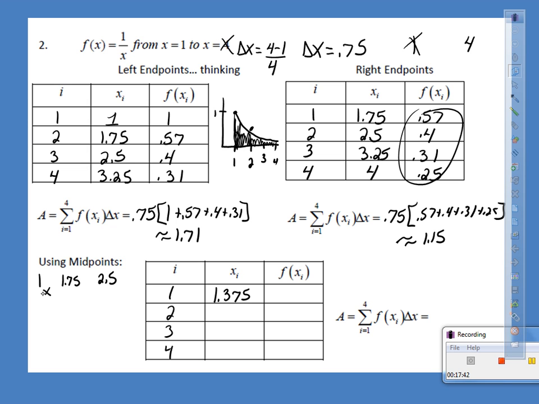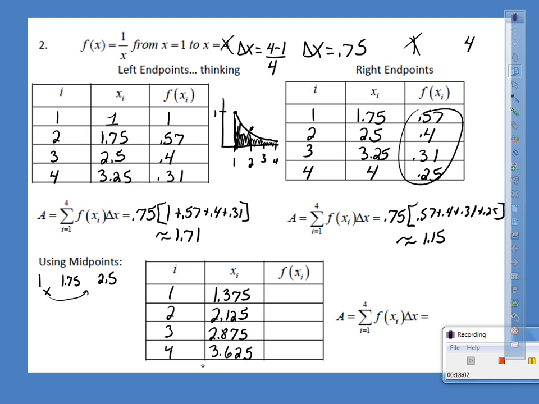And then 2 ways. You could add 0.75 to this to get your next midpoint, or you could add these 2 things together, divide by 2. Whatever you do, these are the numbers that I'm running through, and 3.625.